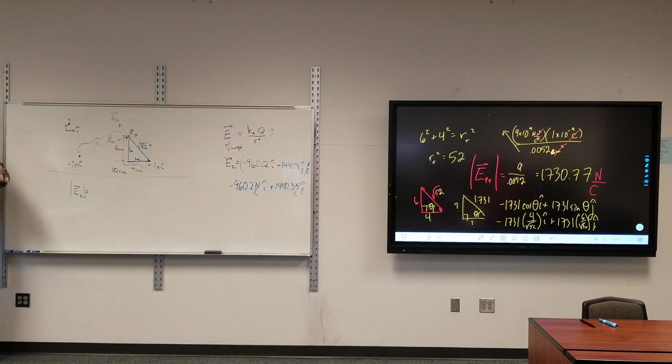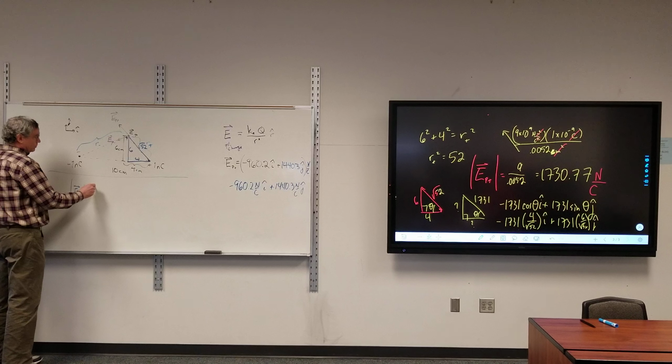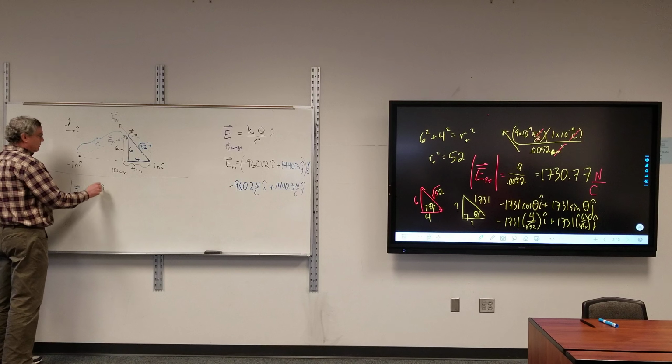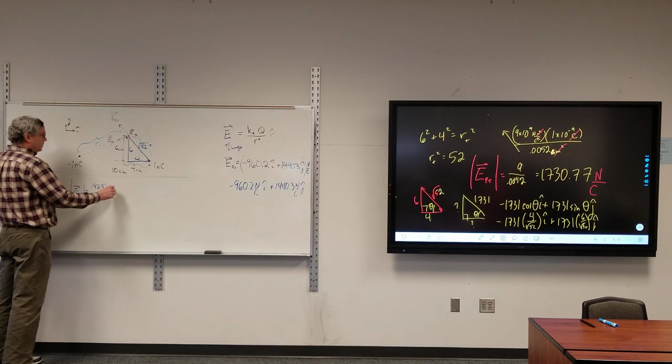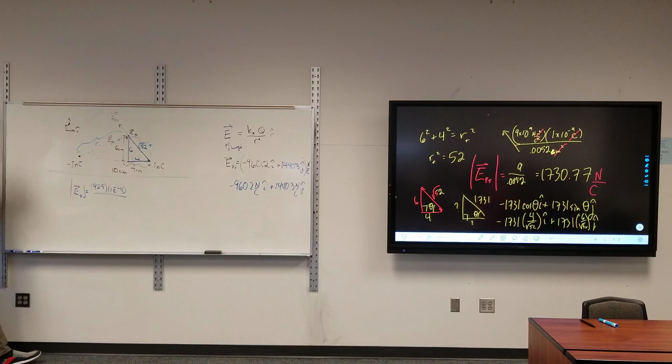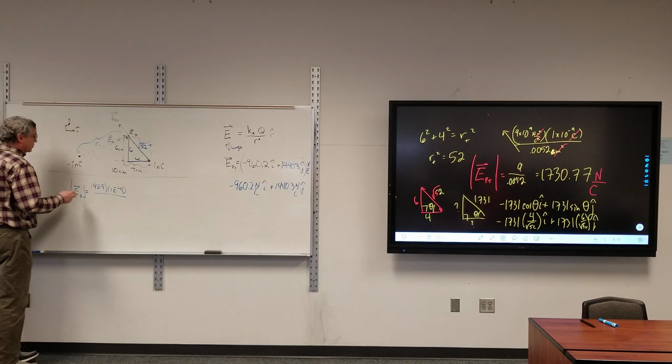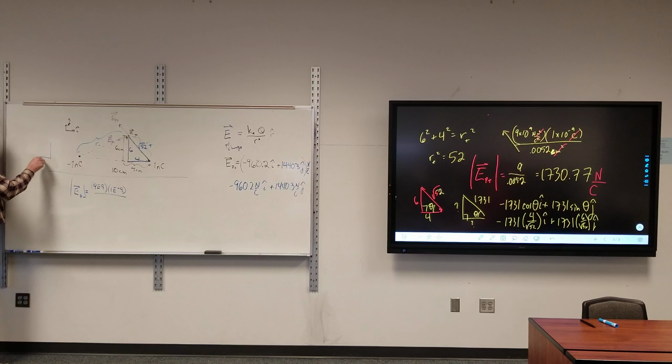R squared's going to be different. All right, so we have 9E9, 1E negative 9 over, what is the distance now? 72 centimeters squared. All right, 72 centimeters squared, because our triangles are 6 by 6.